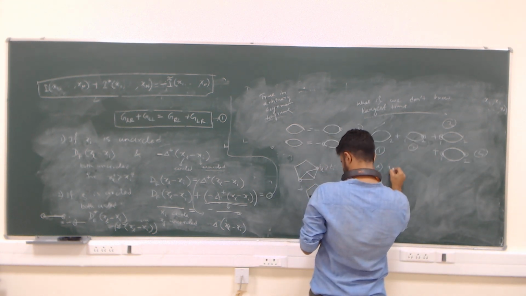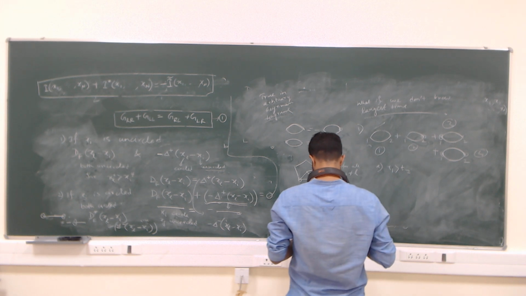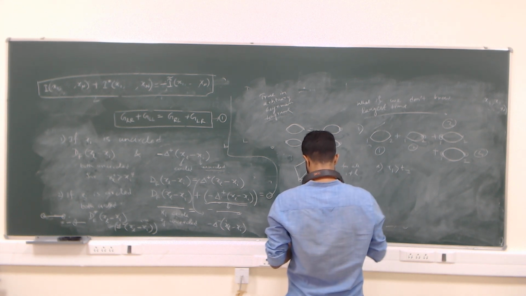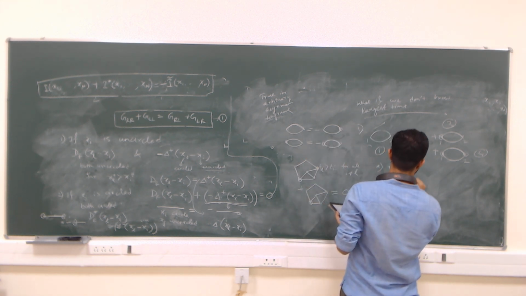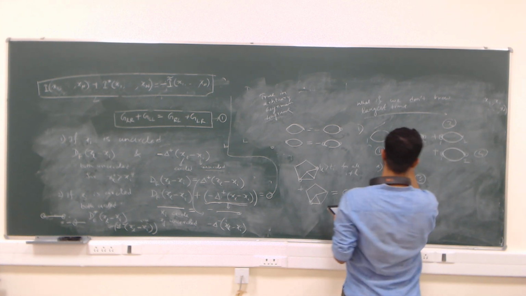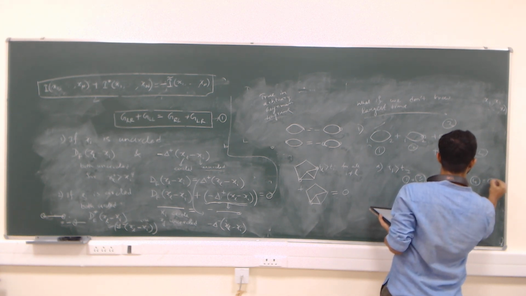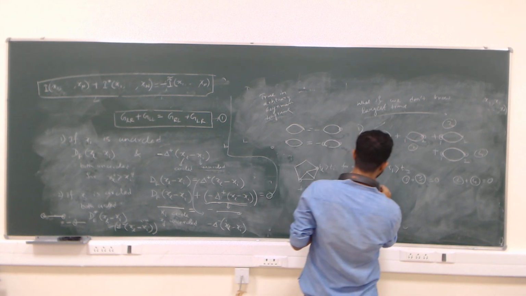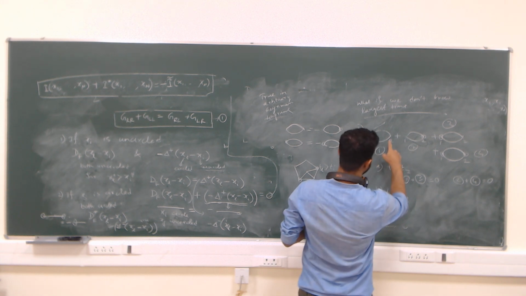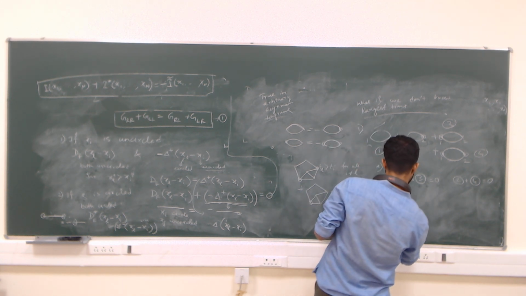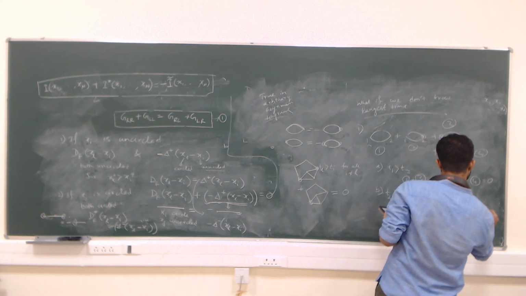So in case where T1 is greater than T2, what you can show is that 1 plus 3, so this and this will cancel each other, and 2 plus 4 will cancel each other. Similarly, the second possibility is just T2 greater than T1. Here you will see that this diagram will cancel this diagram. 1 plus 2 will be 0, and 3 plus 2 will be 0.